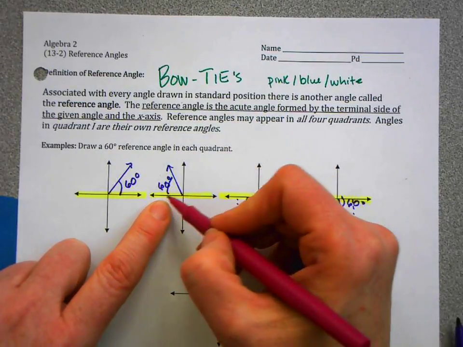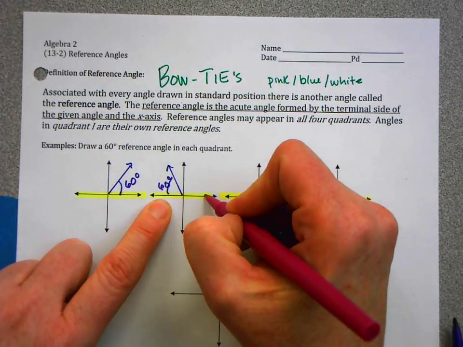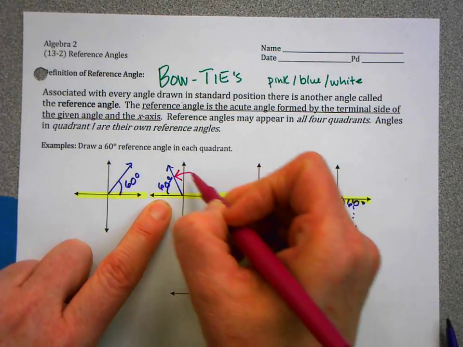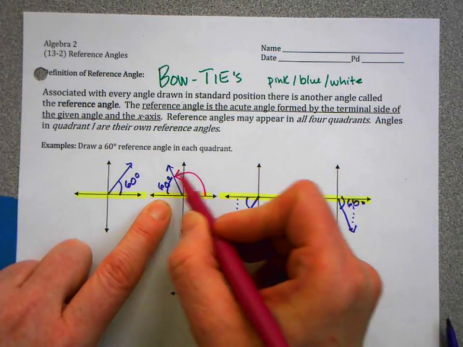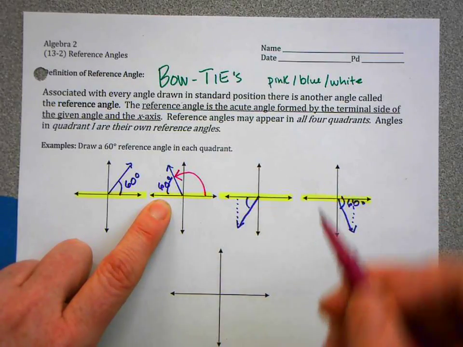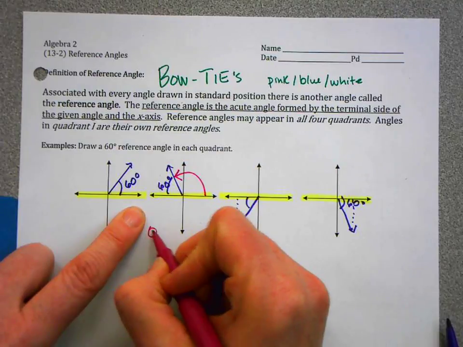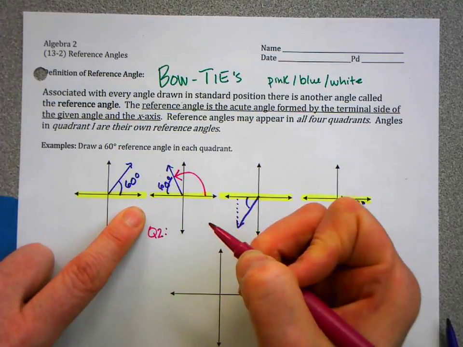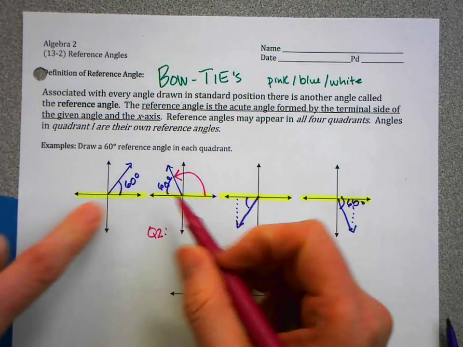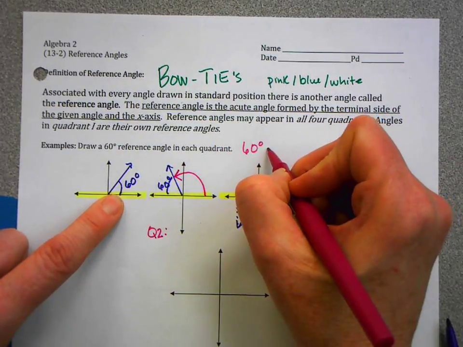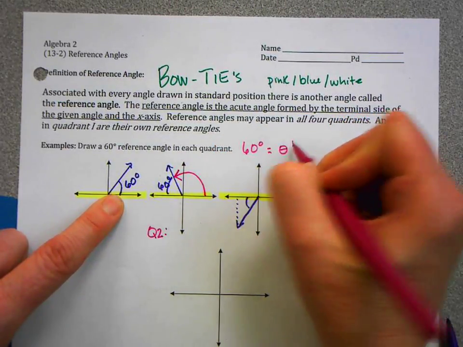Well, it's 60 degrees, but really we measure an angle from 0. So if I want to know what the entire angle is, the actual measure, for quadrant 2, let's call the 60 degrees theta prime, meaning it's the reference angle.